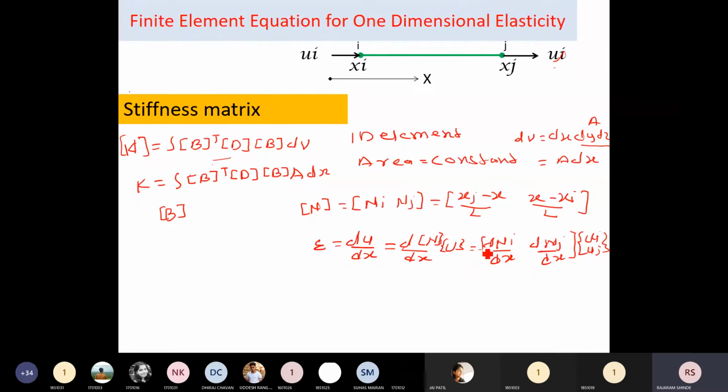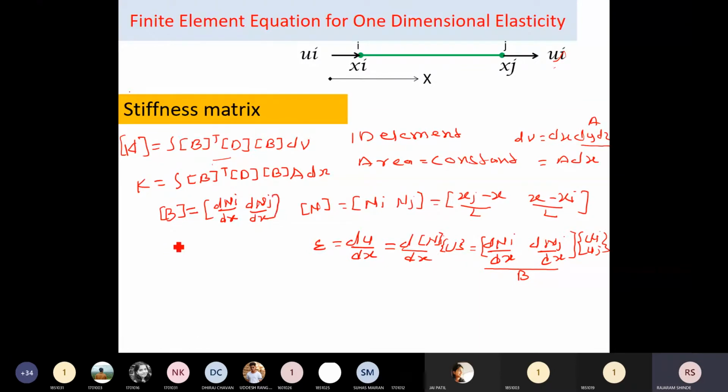This is your strain matrix, and out of this strain matrix, this matrix is known as the B matrix. So B matrix is dNi by dx and dNj by dx.